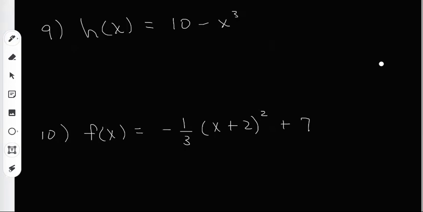Now, number 9 is h of x, and the highest exponent for this is going to be the 3. So this is a cubic function. The simplest form of the cubic function is going to be x cubed. That's it.